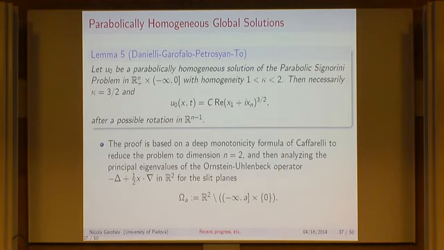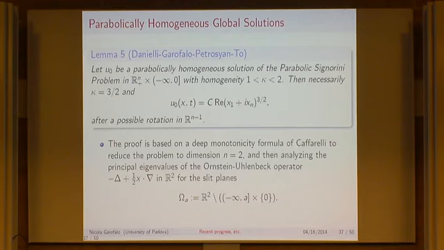This result is not so easy to prove. Our proof is based on the deep monotonicity formula of Luis Caffarelli for the classical heat equation, in which he extended the Alt-Caffarelli-Friedman formula.